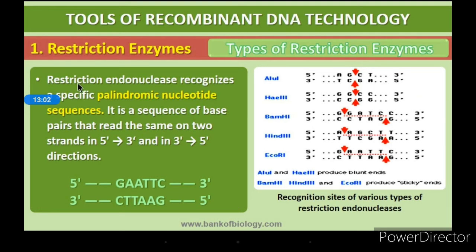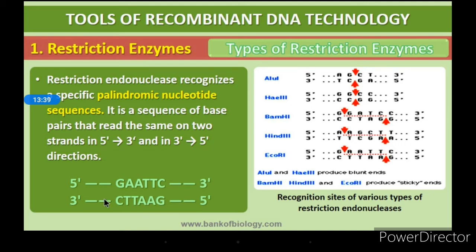And here again, see what a restriction endonuclease is. It recognizes specific palindromic nucleotide sequences, a sequence of base pairs that reads the same on two sides, 5' to 3' and 3' to 5' direction. So what is that palindromic nucleotide? Each restriction endonuclease looks for its specific recognition sequence, that is, palindromic sequences.